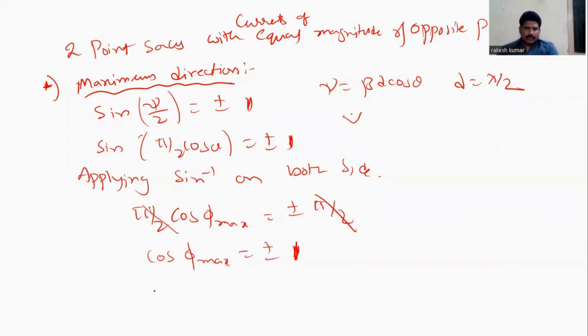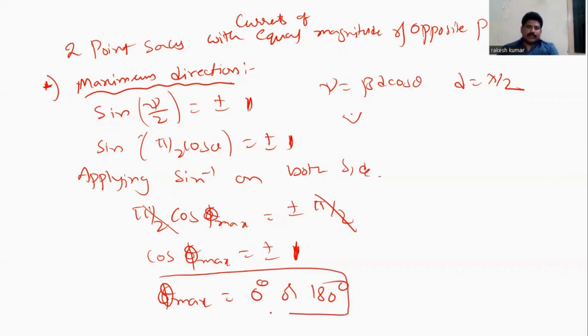Applying cos inverse on both sides, for maximum radiation we get 0 degrees or 180 degrees.